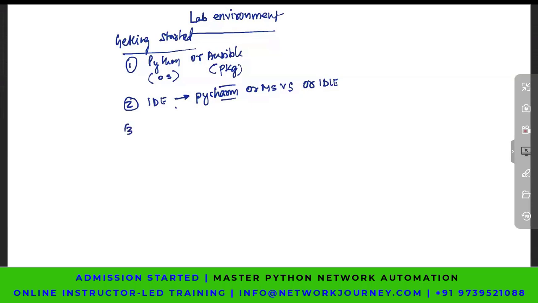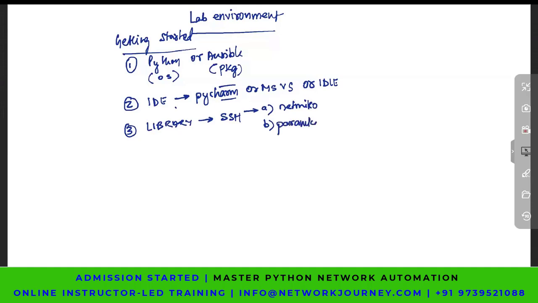Then what else do we need? We need libraries, right? So let's say you decided to have SSH based automation, now you have a few options here. You can go with Netmiko, or you can go with Paramiko.